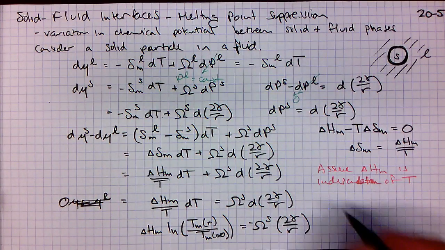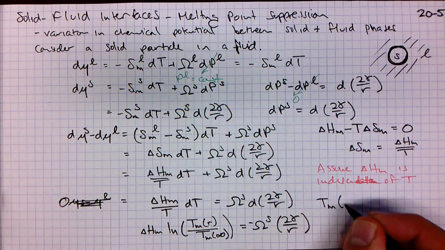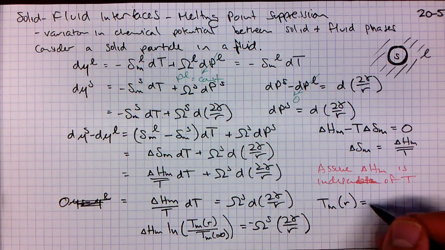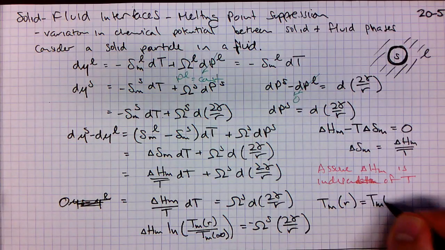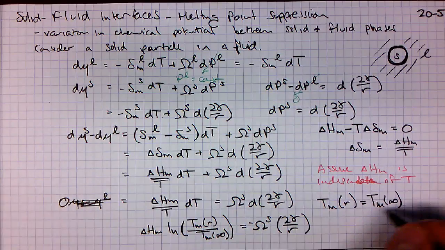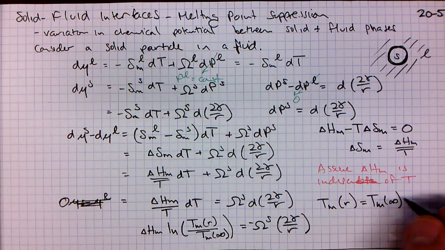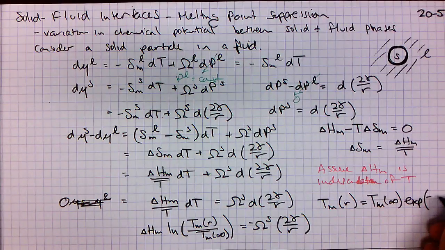Or in other words, the melting temperature of the particle of radius r is equal to the melting temperature of the bulk phase times exponential of minus 2 gamma Omega_S over r delta H_m.